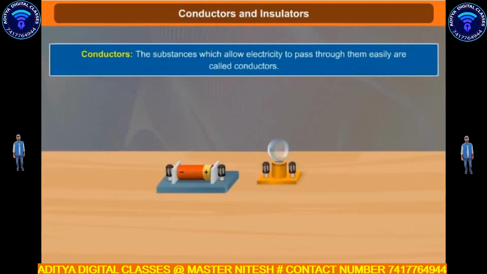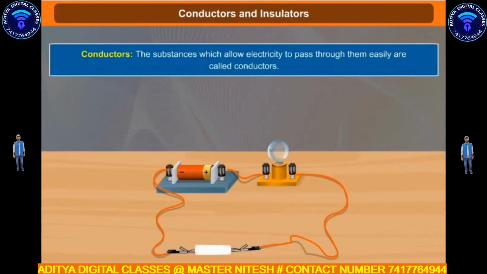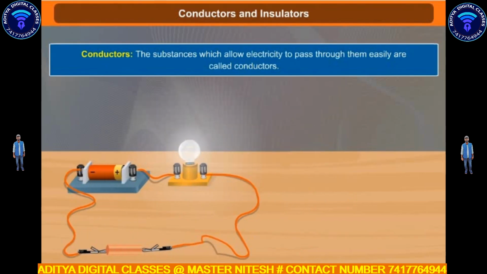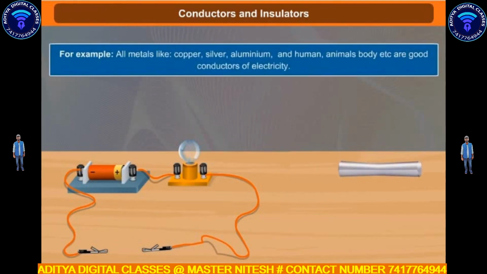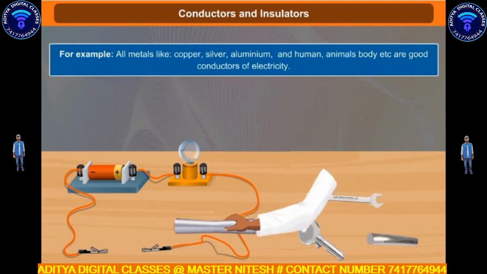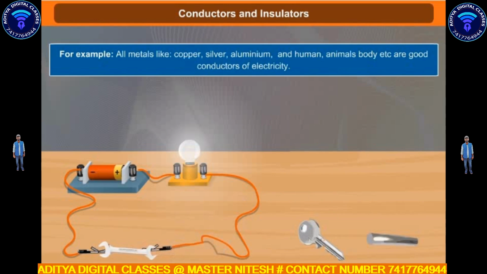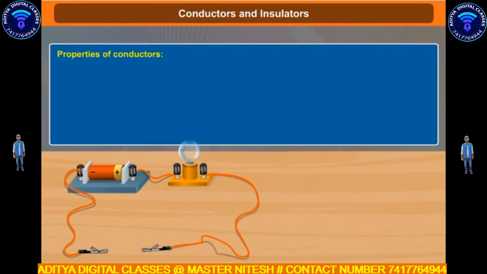Conductors. The substances which allow electricity to pass through them easily are called conductors. For example, all metals like copper, silver, aluminium, and human and animal bodies are good conductors of electricity. Properties of conductors.